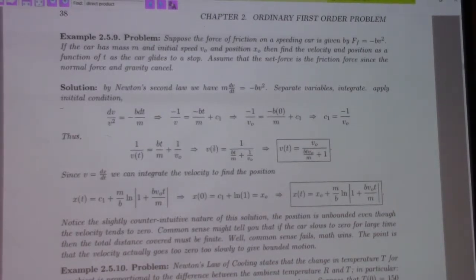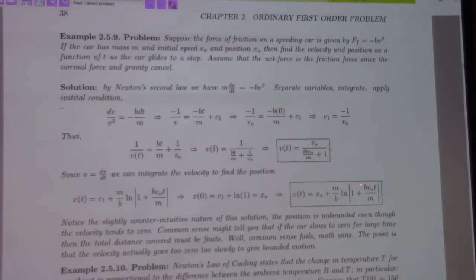On the other hand, we can integrate the velocity to find position, right? dx/dt is equal to v, which gives me that x is equal to the integral of that, which is this. And so there's the position as a function of time, right? What happens as time goes to infinity there? Ooh, look at that.